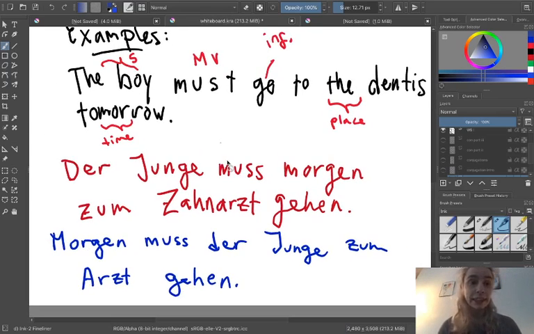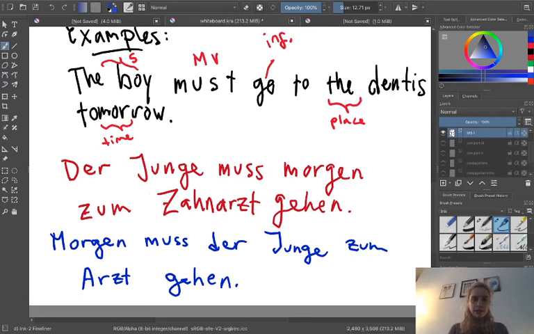So what's different here? In this first example, we are still just starting with our subject. So that's our first element. Our second element is our conjugated modal verb, muss, form of müssen. Time usually comes before place.